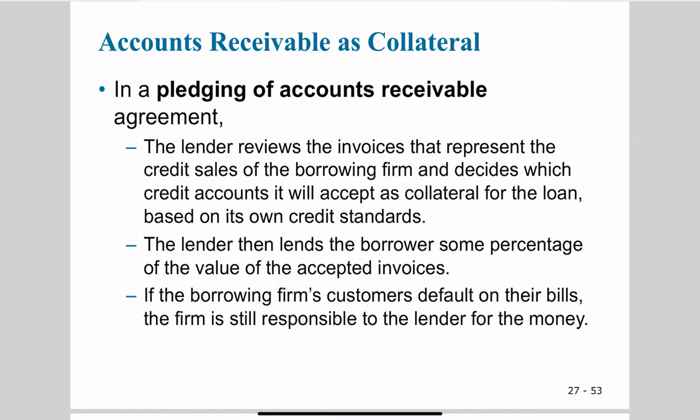And generally, the lender will only lend the firm some percentage of the value of the accepted invoices. And if the borrowing firm's customers default on their bills, the firm will still be responsible to the lender for the money. Right?